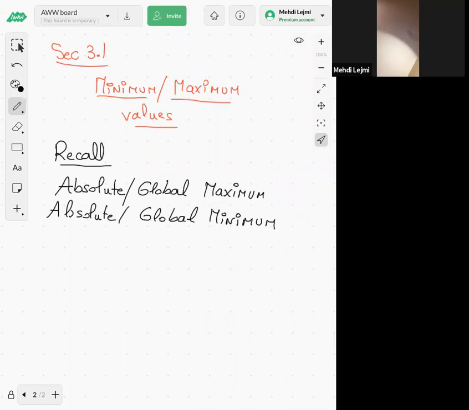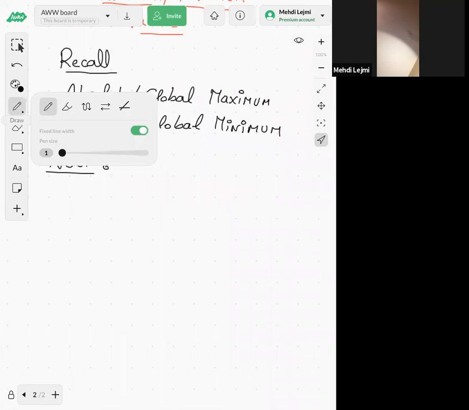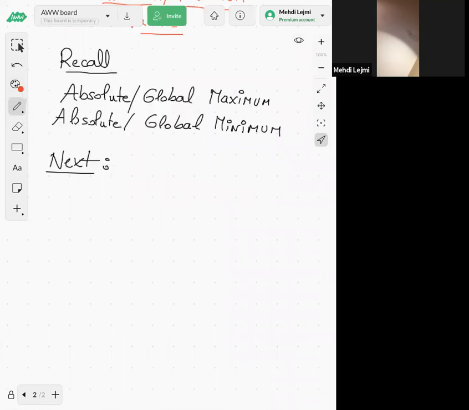Next, we're going to have what we call a local maximum or relative maximum, and also a local minimum. First let me introduce a local maximum. Here's the definition.